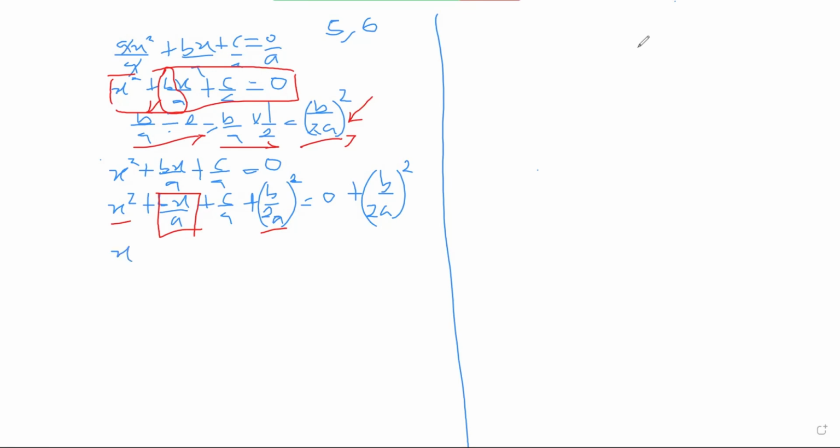x squared plus b over 2a. This is squared. Then we are going to move the c over a, that is this, to the right hand side.